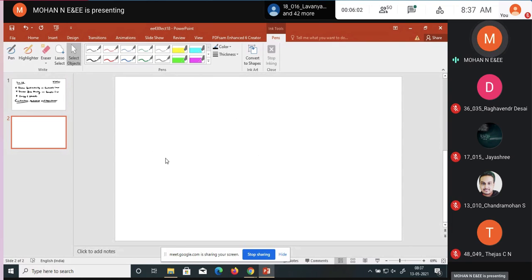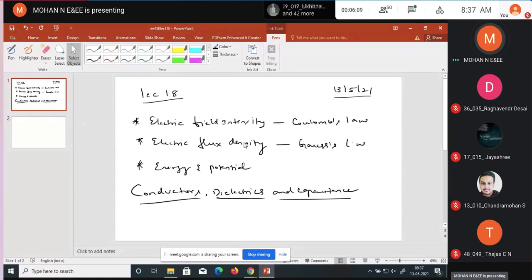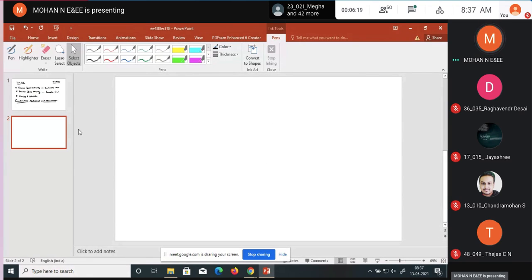So with the background of the charge, the electric field, the electric flux, and the energy and potential, we should be able to understand: what is electric current? What is current density?